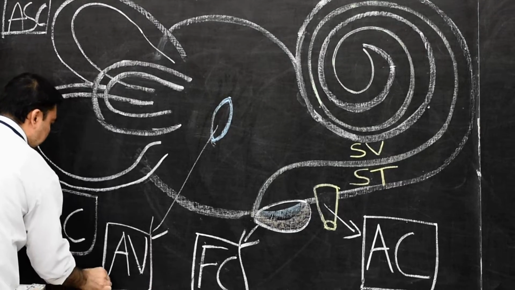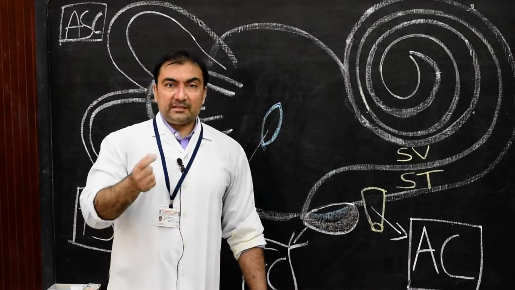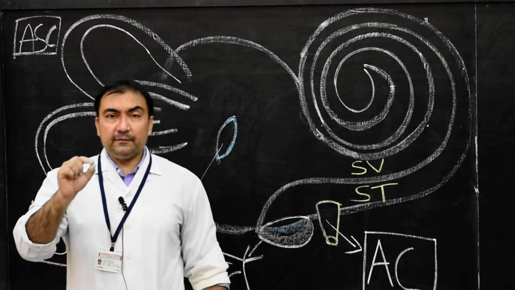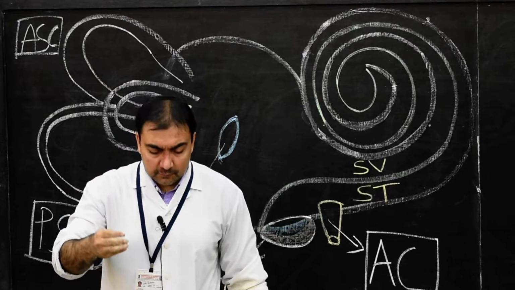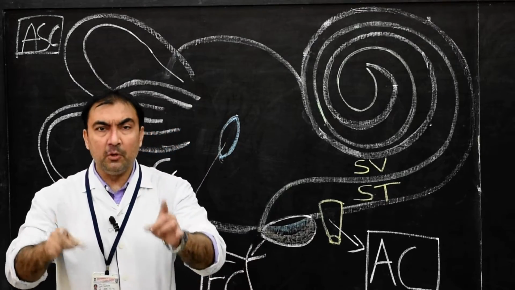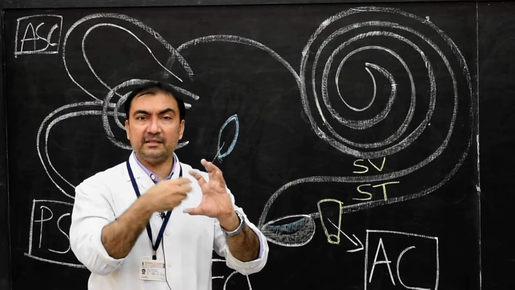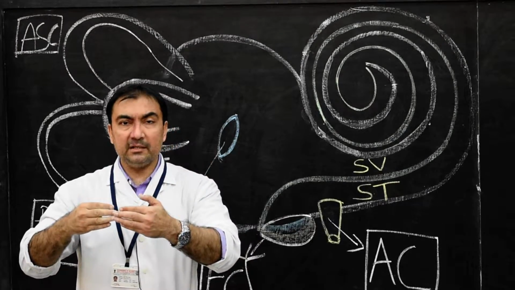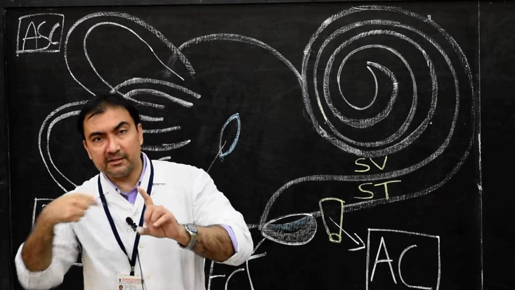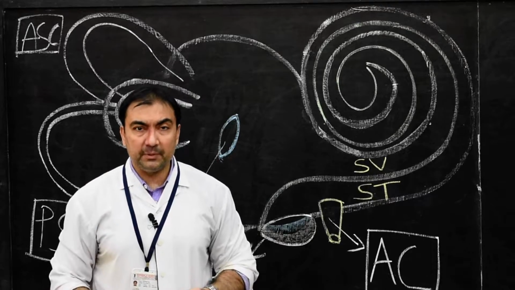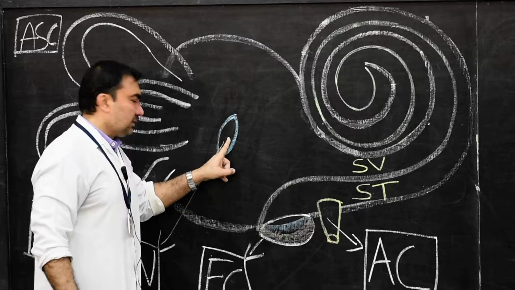This aqueduct of vestibule is also asked as a 1 mark question in MCQs. It will open under the dura mater on the posterior wall of the petrous portion of the temporal bone. Recollect our discussion of the norma basalis interna. In the posterior wall of the petrous portion of the temporal bone, below the dura mater, just behind the internal acoustic meatus opening, will be the opening of the aqueduct of vestibule.